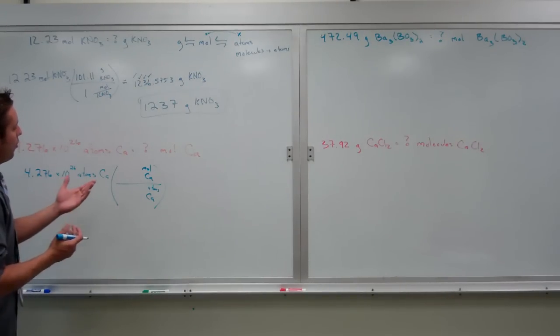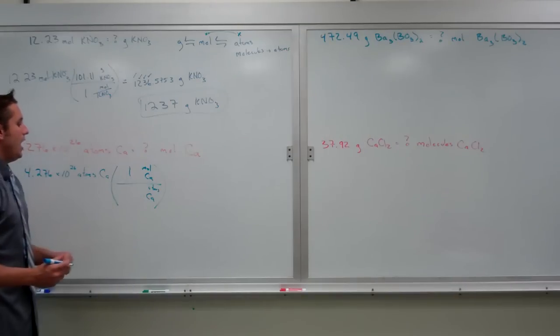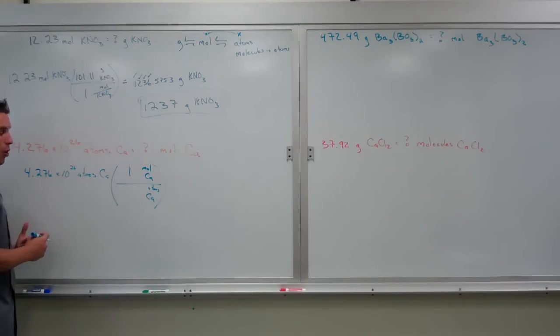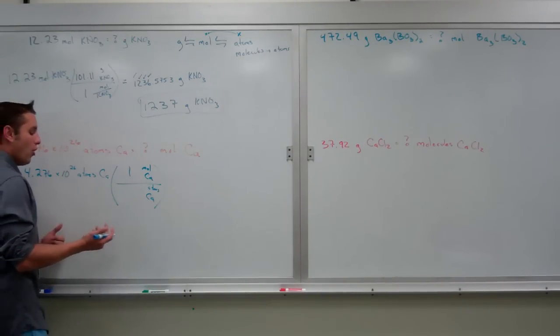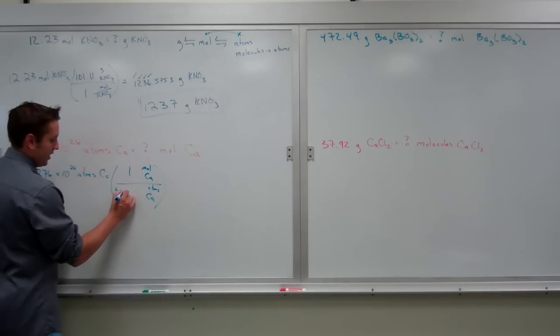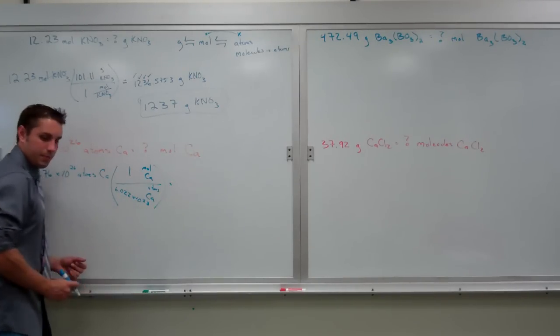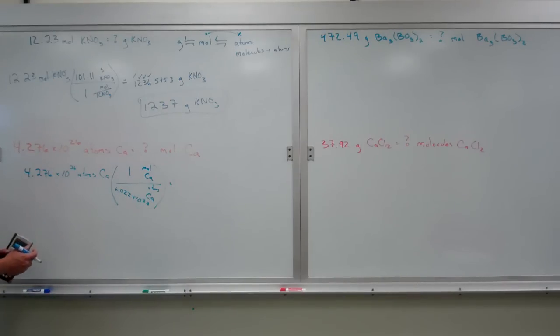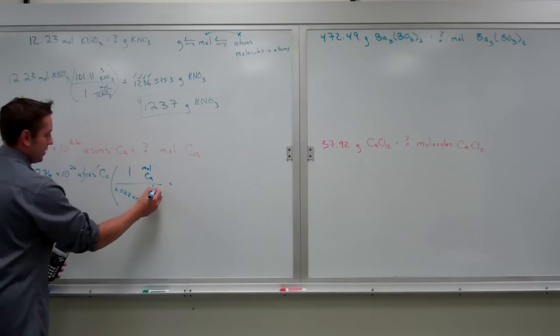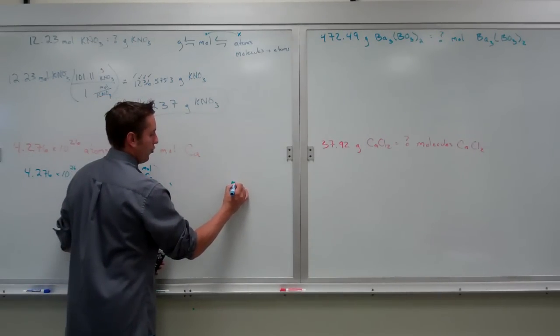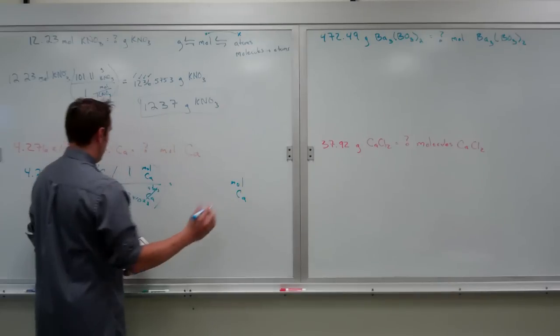If we do that, moles always gets a 1. And the number of atoms in 1 mole of anything is always Avogadro's number, 6.022 times 10 to the 23rd. Now it's about doing the math and the sig figs. Atoms cancel, leaving me with moles of Ca.